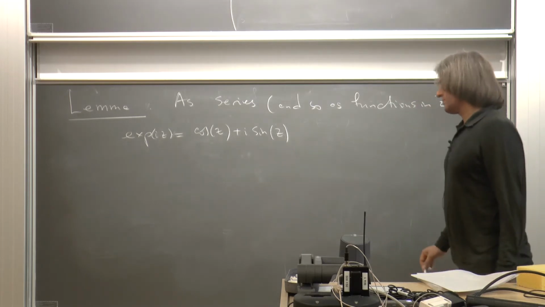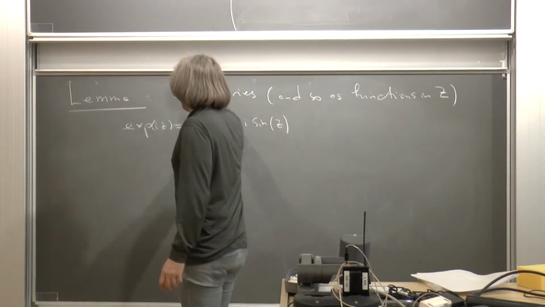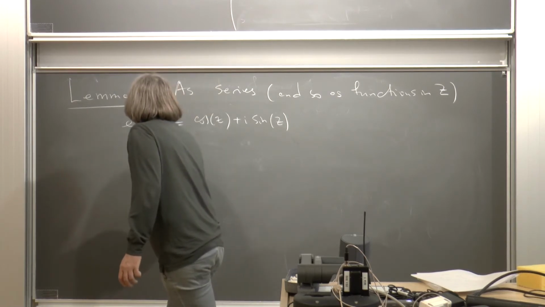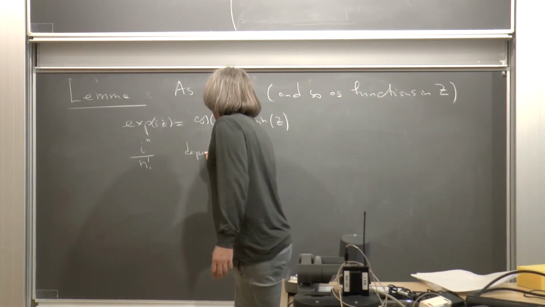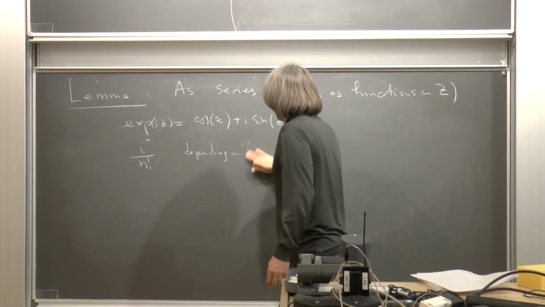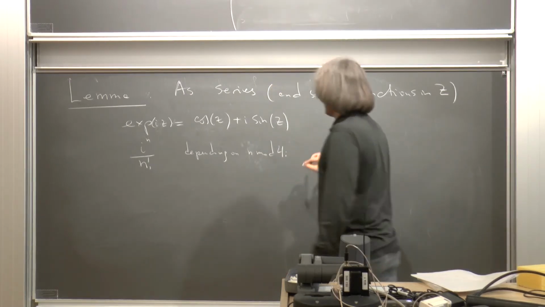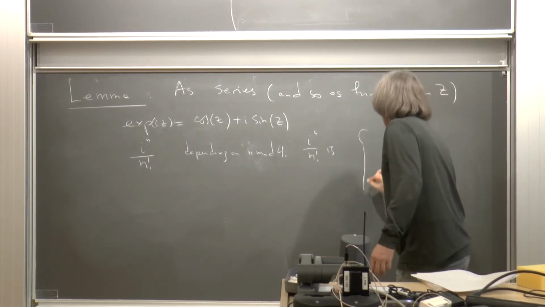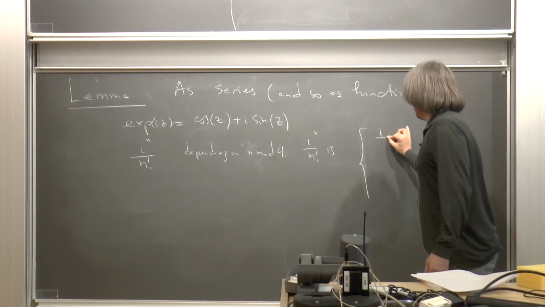I mean, coefficients here will be of the form i to the n over n factorial. But then depending on n mod 4, I to the n over n factorial is: if n is 0 mod 4, then it's 1 over n factorial.